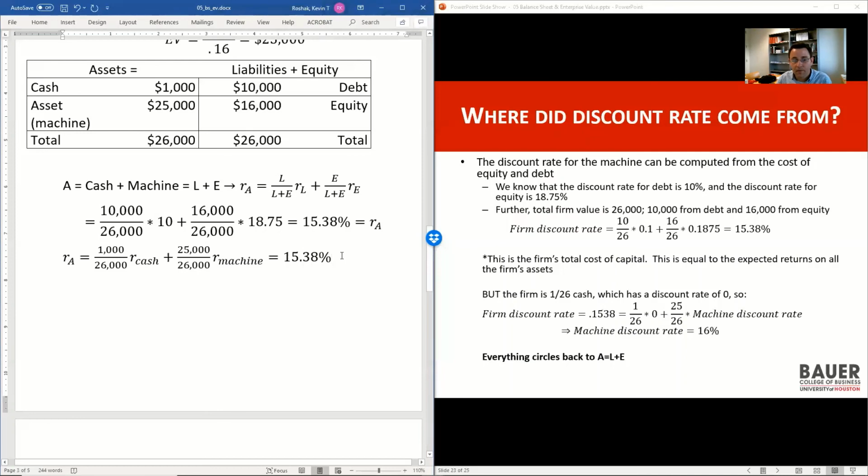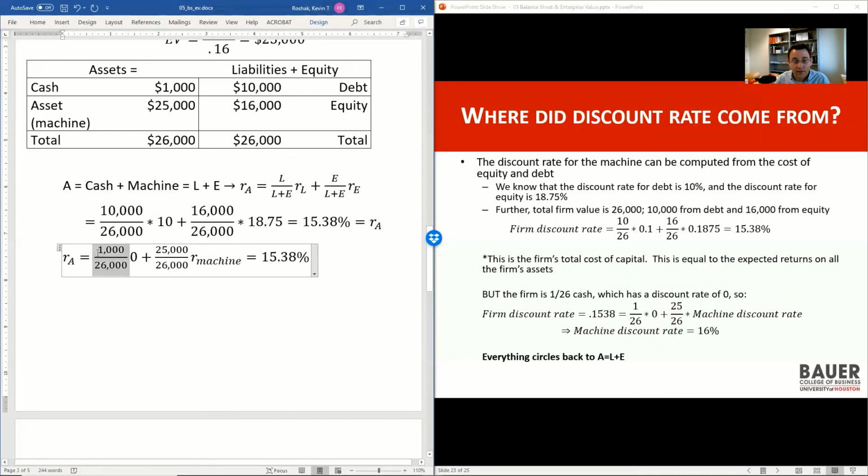In this example, what return was the cash generating? Well, it wasn't returning anything. It was just sitting there, right? We didn't do anything with it. It didn't say that it was generating any cash flows. All the cash flows were coming from the machine. Okay, so in this case, the return on the cash was just going to be 0. So we'll replace that with 0.